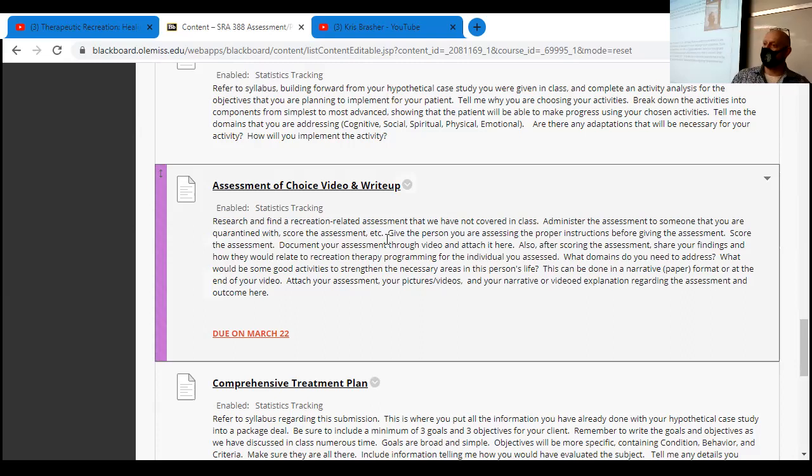It can be an assessment that is paper-based where you're just asking questions and making check marks. It can be a physical-based assessment. I just want you to do an assessment that can be tied into recreation therapy. It's up to you to find it, video it, and just follow those instructions that are on here.